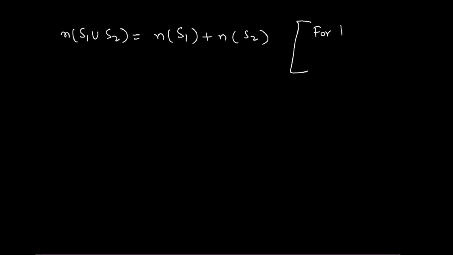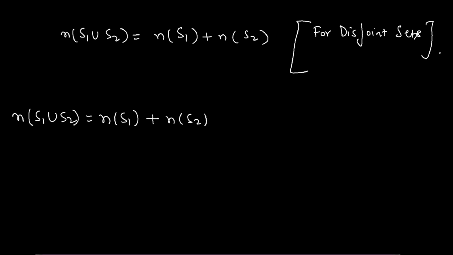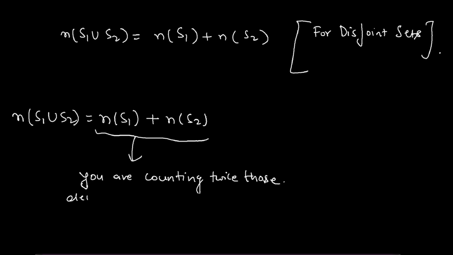Okay, so the formula for the number of elements in A union B, or the number of elements in S1 union S2, is equal to the number of elements in S1 plus the number of elements in S2. This is true for disjoint sets, when no elements are common. But if there are any elements common, then in the term number of elements in S1 plus number of elements in S2, you are counting twice those elements that are present in both S1 and S2.